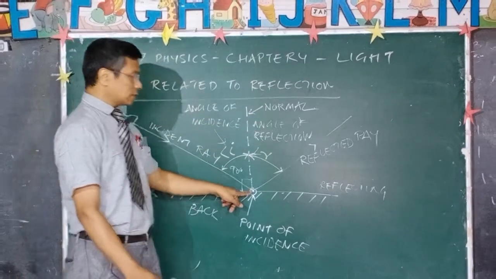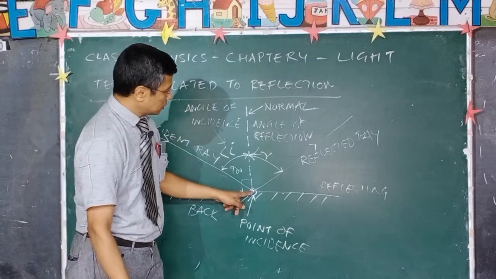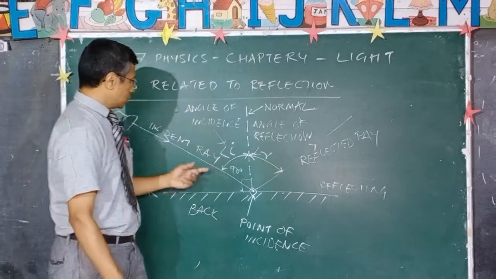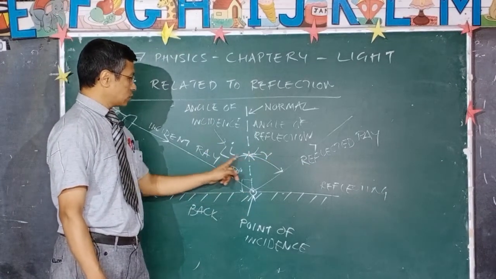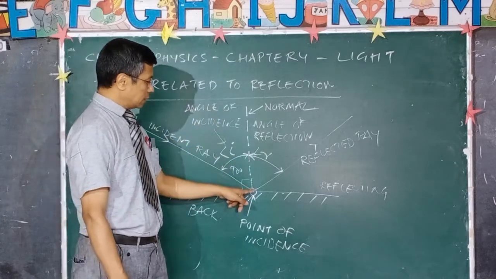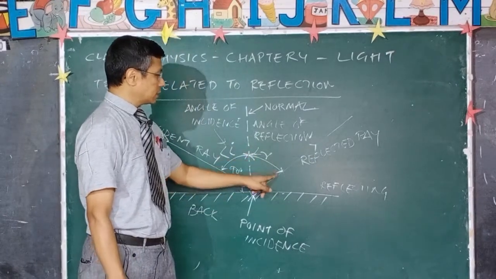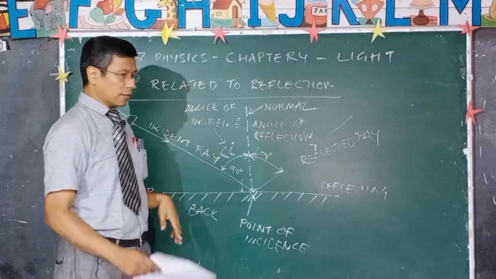This incident ray, after striking the reflecting surface, when it bounces off, is called the reflected ray. The angle formed between the incident ray and the normal is called angle I, the angle of incidence. And the angle formed between the reflected ray and the normal, which we represent using angle R, is called the angle of reflection.